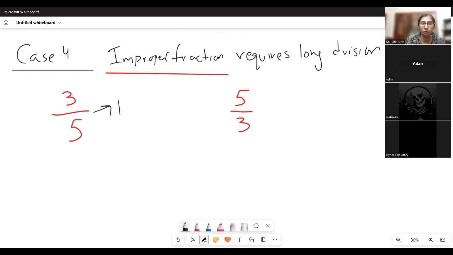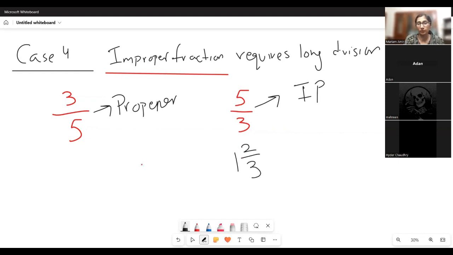This is called a proper fraction when the numerator is smaller than the denominator. This is called an improper fraction because the numerator is bigger than the denominator. Then you can write it as a mixed number, 1 whole 2 over 3, right? Now it's a mixed fraction.